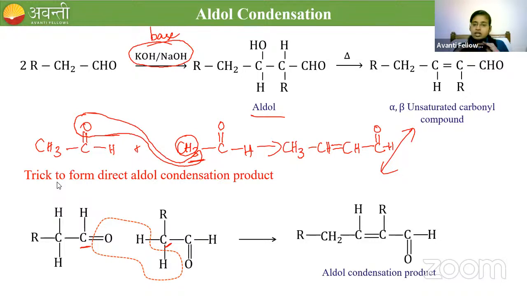I have also taught one trick to find out the product: write the 2 molecules like this, remove oxygen from one molecule and 2 alpha hydrogens from the other molecule. So we are removing the water molecule from these 2 species and getting the final product. This is the example I gave. Is it clear? Shall we solve a question? Students, are you all ready?